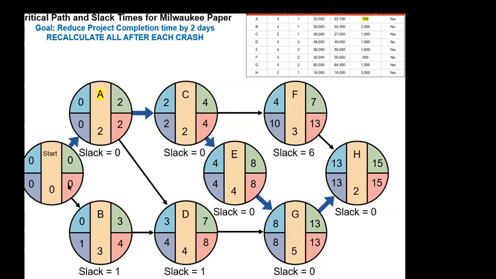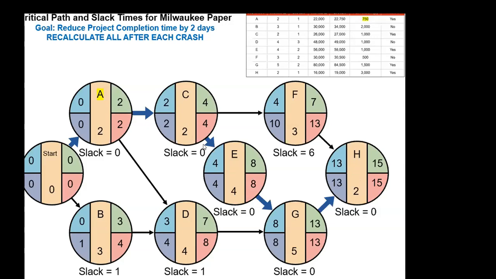But when you want to reduce the total activity time of your network or your project, which of these is the most important? The most important is your critical path, because that's the maximum time that it takes for us to complete this project.